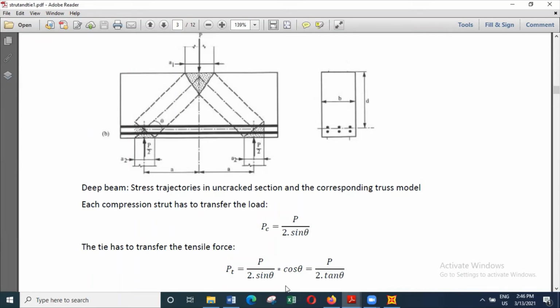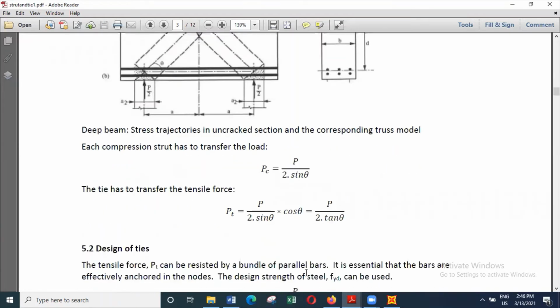So basically, it's a straightforward task to identify the tensile force that will act in the tie. And once you know the force, you can always provide the reinforcement to carry that force.